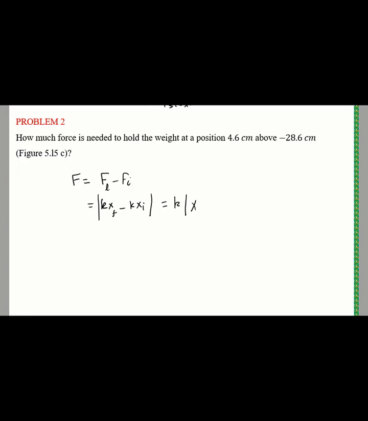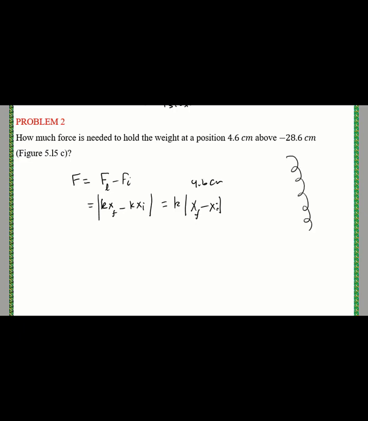This is k times x final minus x initial, which is nothing but 4.6 centimeters, because the spring was at this position, 28.6, and we need to make it higher by 4.6.